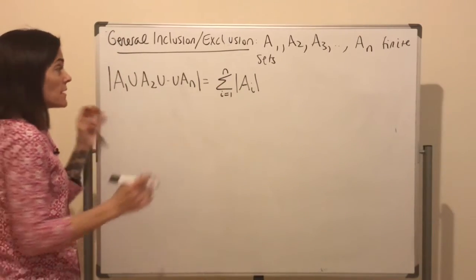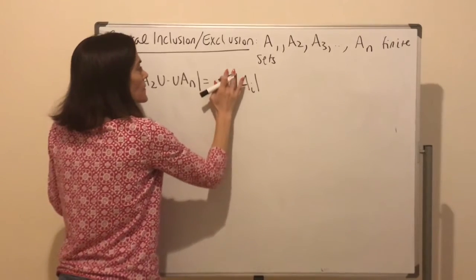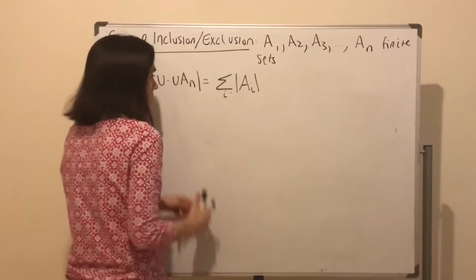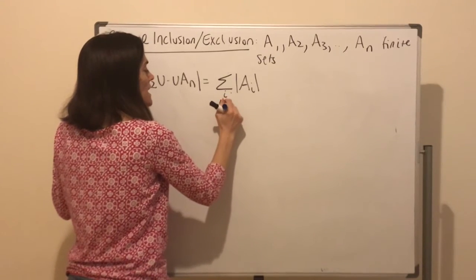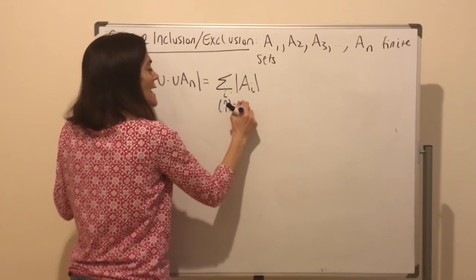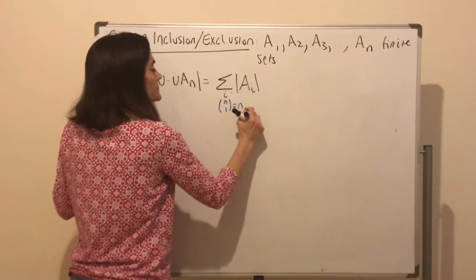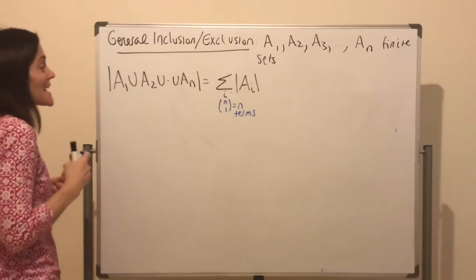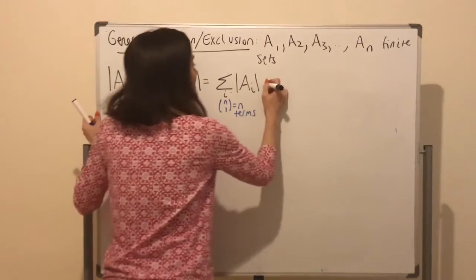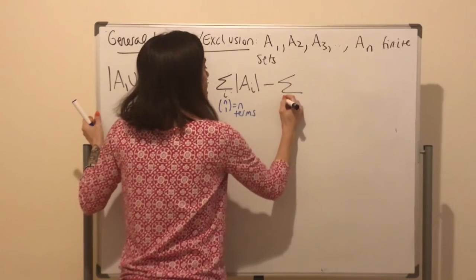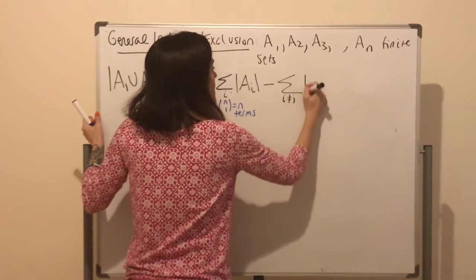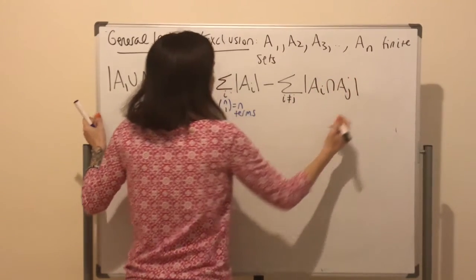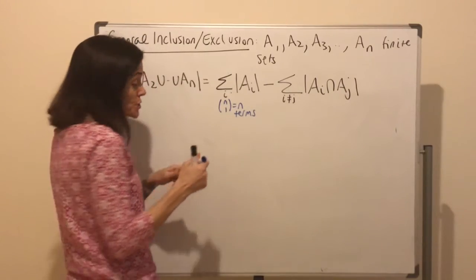We have n of them. Oh, I know what I'll do. It'll make it match the other ones. This is for all i. And then there's n choose 1, which is n terms here. And this will match when we start doing some other ones. Then we subtract off the sum, I'll just say i not equal to j, of these intersections. And here there are n choose 2 terms.